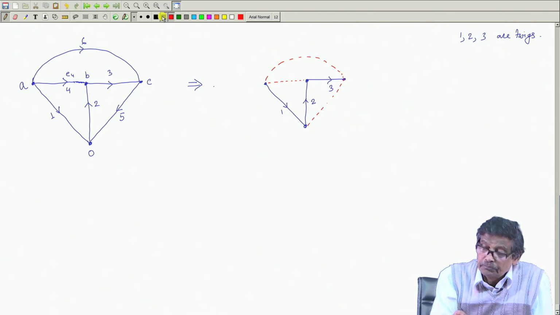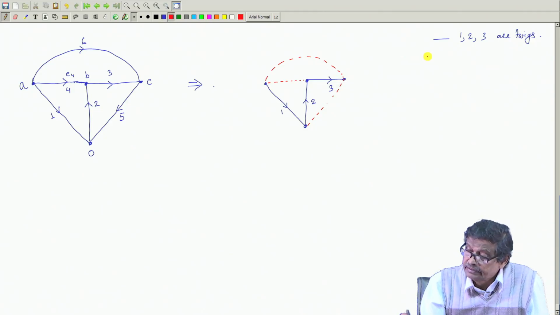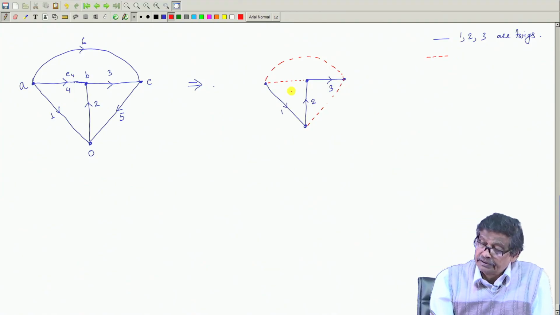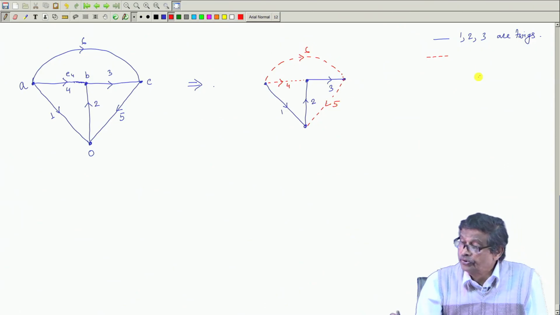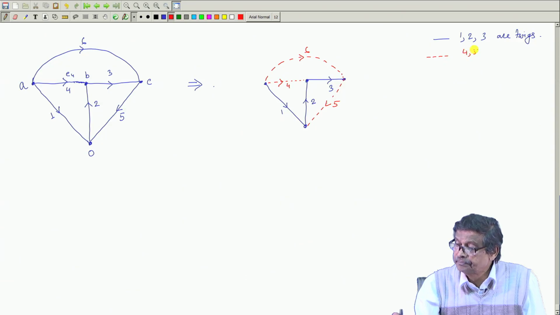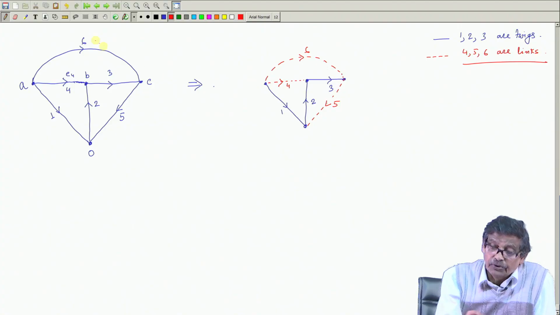This blue line is the twigs and the dotted lines are element 4 with this arrow, this 6 and this 5. So, 4, 5, 6 are links that we already know. And these are the nodes.